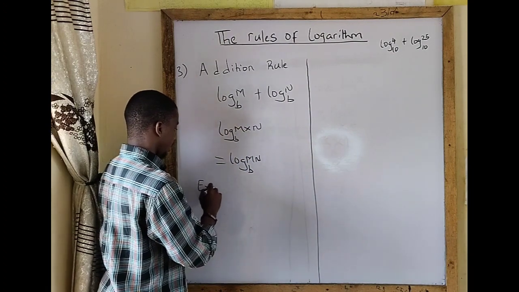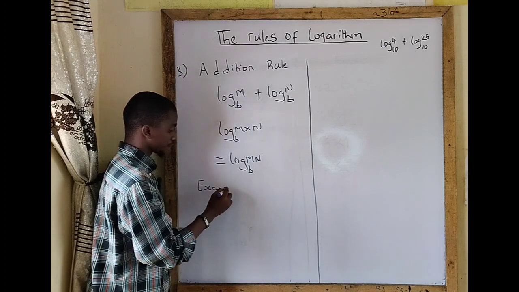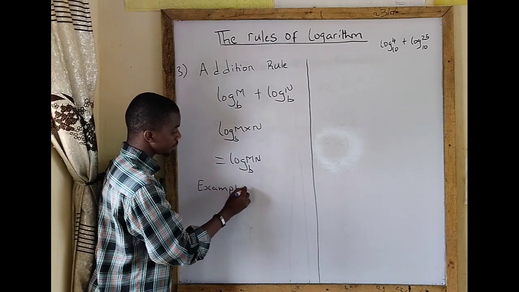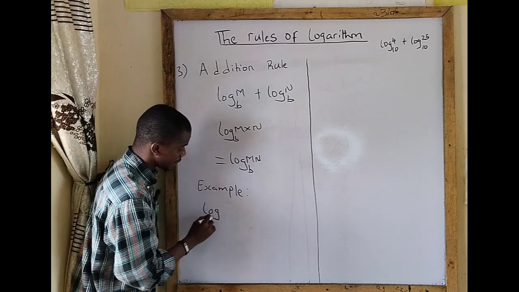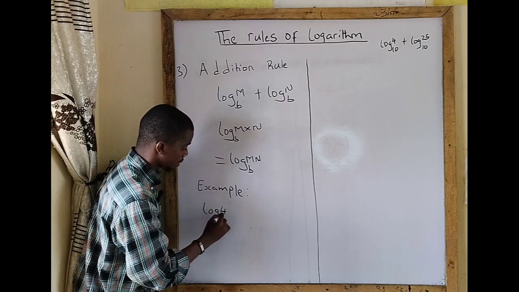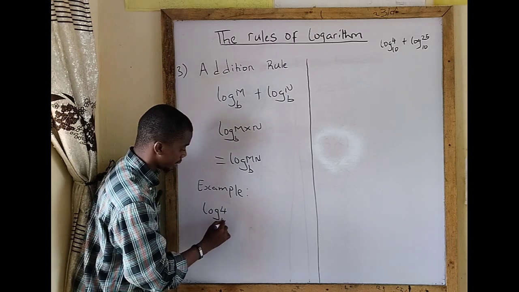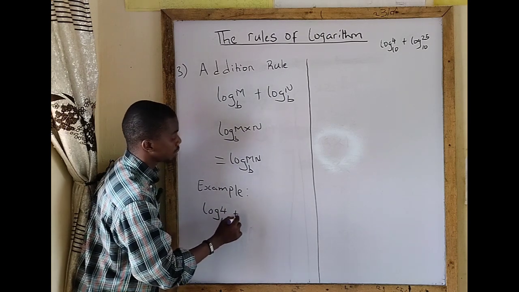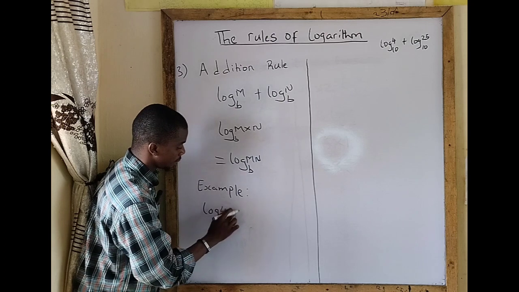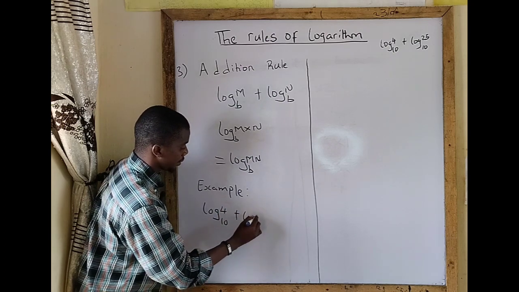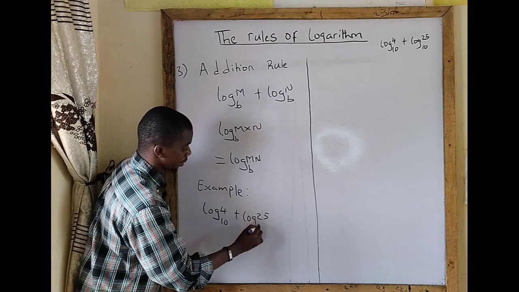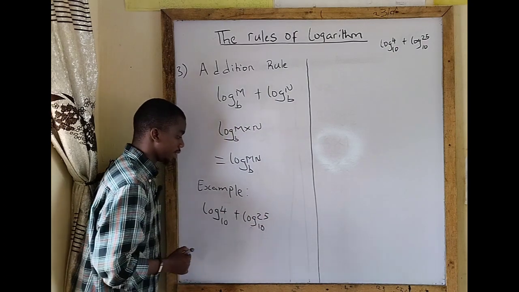Example, we have log 4 base 10 plus log 25 base 10.